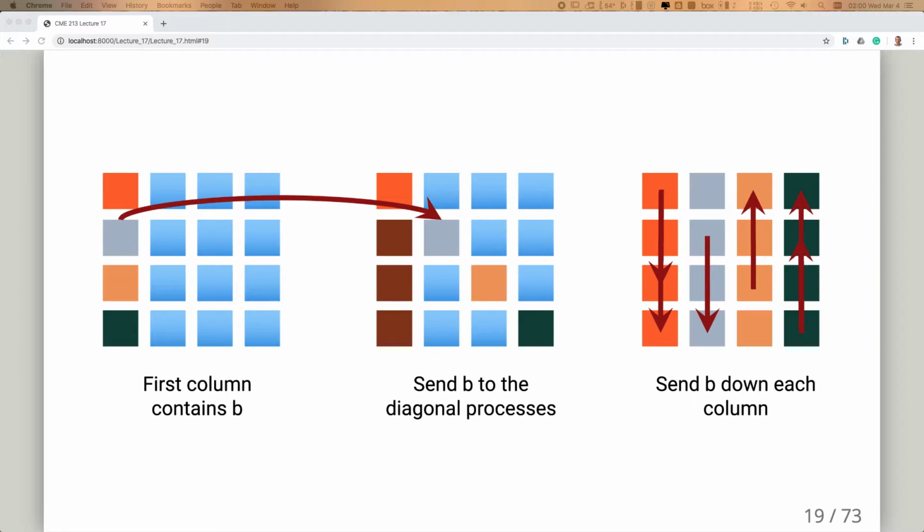Remember that in the row partitioning, each process had a chunk of B, and then you had to do this gather so that all processes had the entire copy of B. That is a much more expensive communication. So far, the block decomposition is paying off. You're sending much less data, and to fewer processes, only inside a column. This is enabled by the block partitioning.